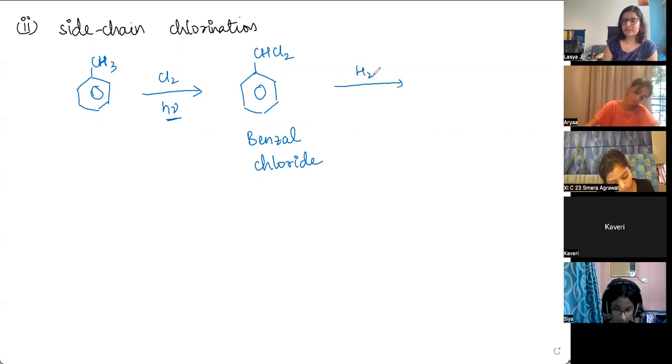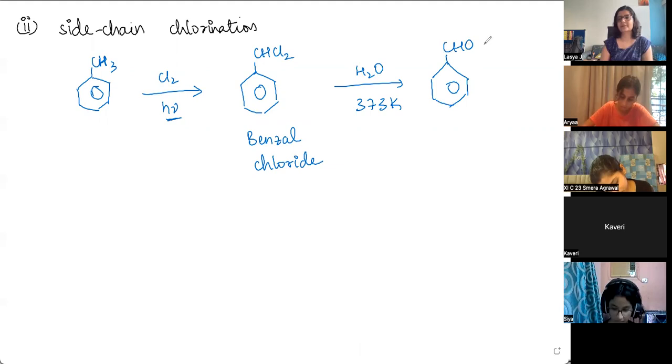And this on hydrolysis, treated with water, like treated with steam, basically at 100 degrees Celsius, gets oxidized to benzaldehyde. Again, there's no detailed mechanisms for all these reactions. You just have to look at them, know them.